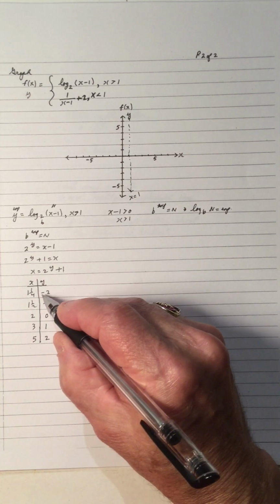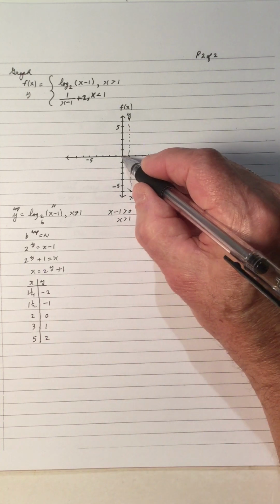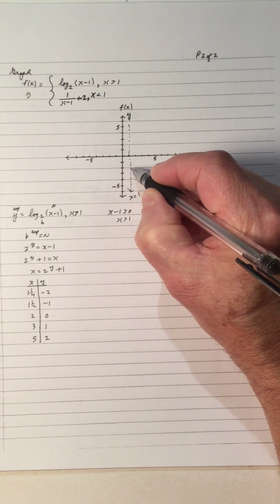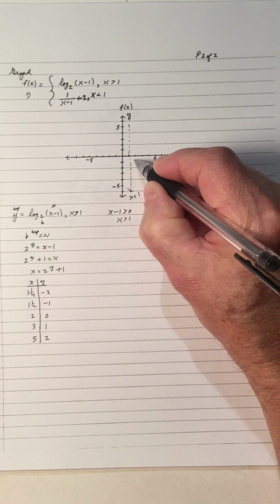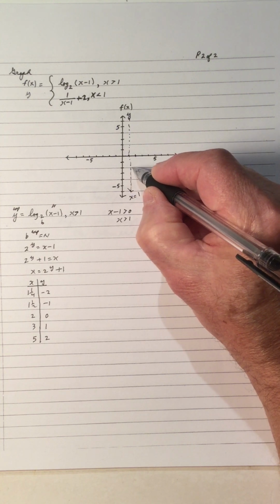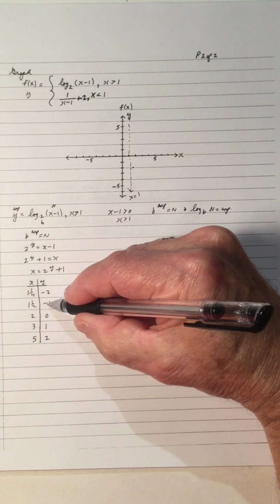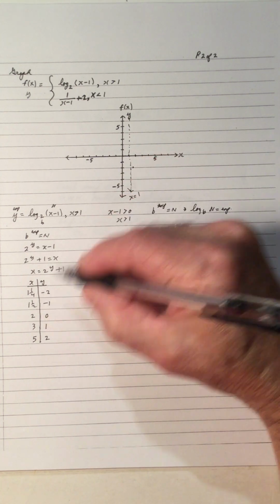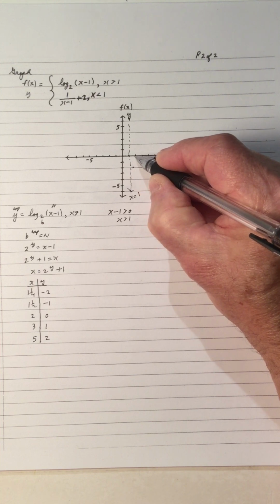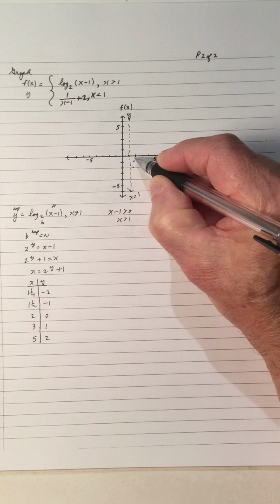So if we graph it, when y is negative 2, x is 1 and 1 quarter. Let's estimate it to be there. Y is negative 1, x is 1.5, which is approximately right there.